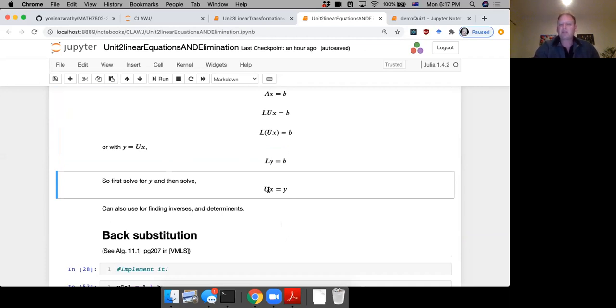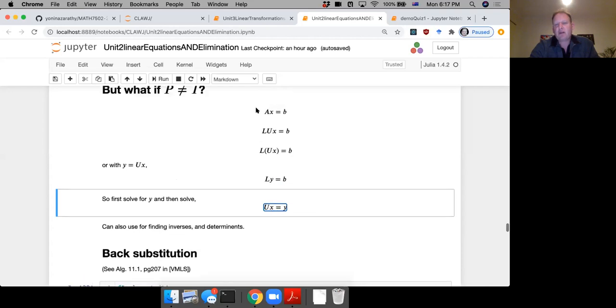Okay. So this might seem like a painful thing. But the thing is that the complexity of Ly equals B and Ux equals y is less than the complexity of solving Ax equals B. Now, it's true that the complexity of solving Ax equals B is like doing the LU decomposition, but look, what if we now wanted to solve Ax equals B1 and Ax equals B2 and Ax equals B3?